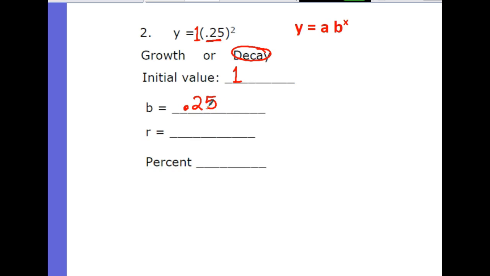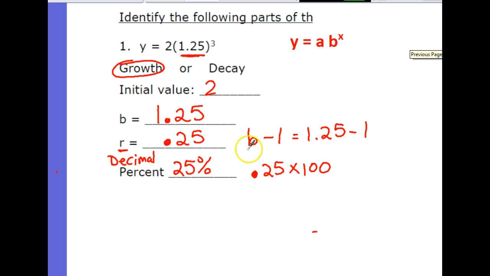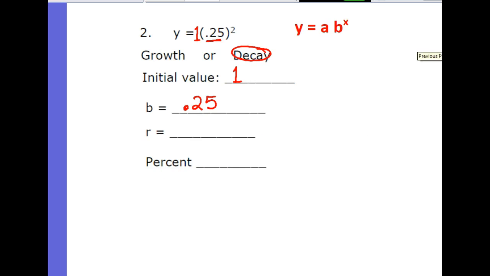The rate is not 0.25. We're always comparing to 1. And so what did I do on the previous problem to find the rate? b minus 1. And b is 0.25 minus 1. What's that? Yeah, but I can't have negative. So in order to fix that, I just take the absolute value of it.